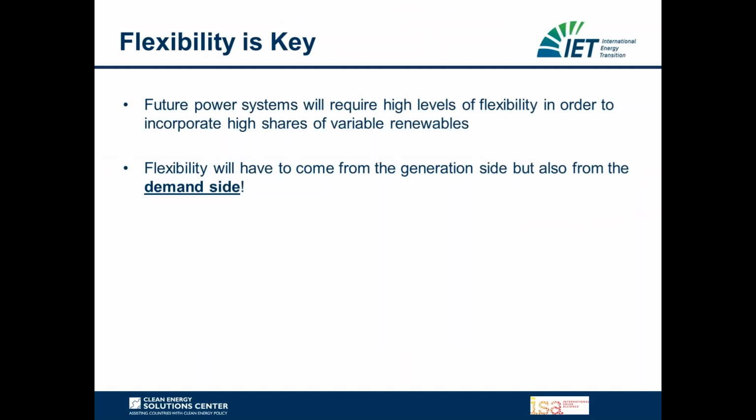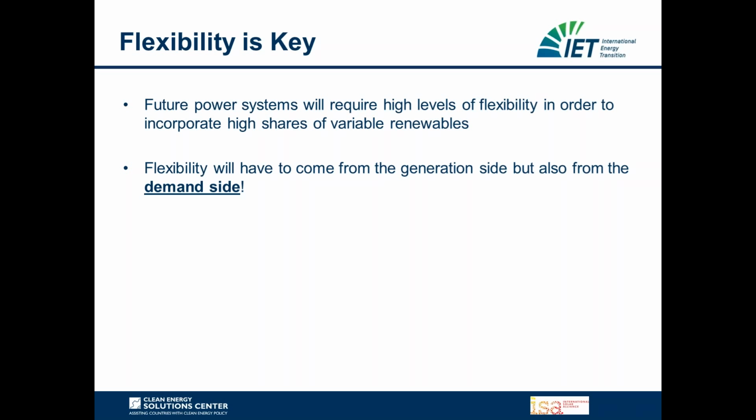As you all know, once we see an uptake of variable renewables, we will need more flexibility in the system, because the sun is shining when the sun is shining and the wind is blowing when the wind is blowing, not when the electricity is needed, and therefore the other power generation technologies will have to supply flexibility on the supply side.